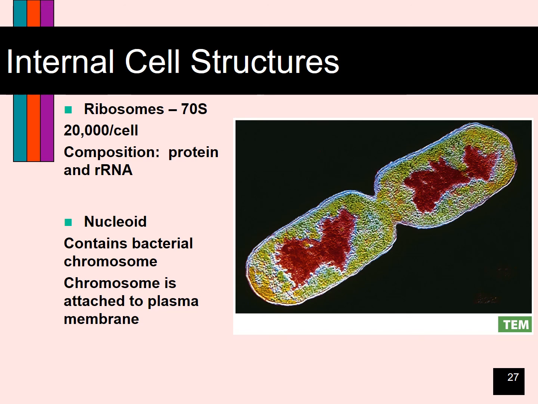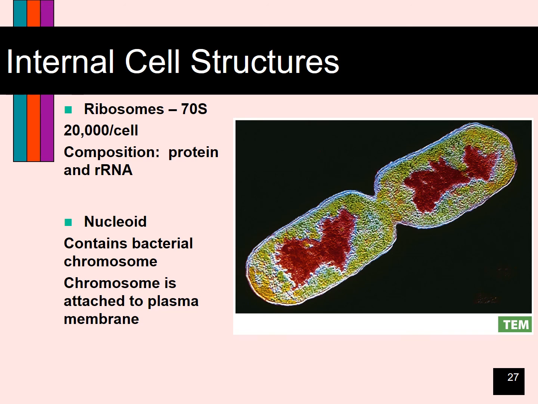And before you actually have the constriction that creates the two daughter cells, the cell is elongated, and with the two copies, because the chromosome is being replicated, those two copies are kind of being teased apart.